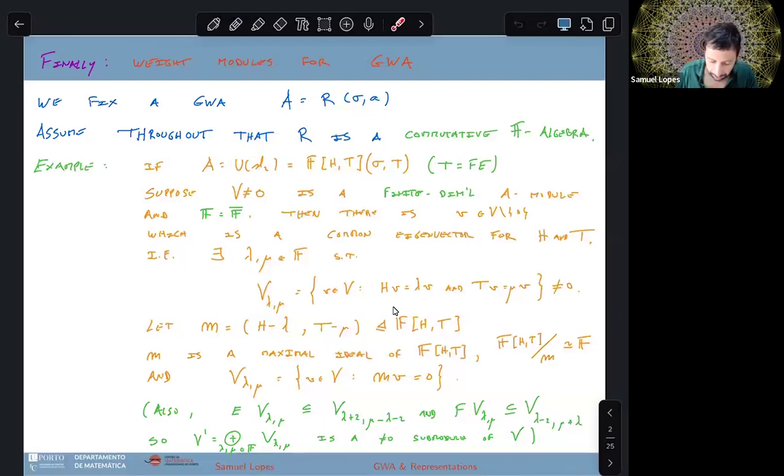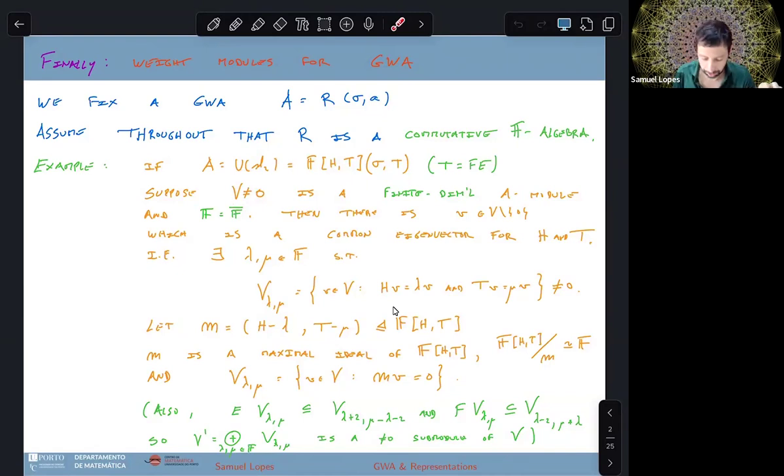If I have a non-zero finite dimensional module for SL2, which is the same thing as a module for the enveloping algebra of SL2, then, if I'm assuming the field to be algebraically closed, which, if I don't say anything, I will be assuming, I have these two operators, H and T, on this finite dimensional space, and since the field is algebraically closed, they will have a common eigenvector.